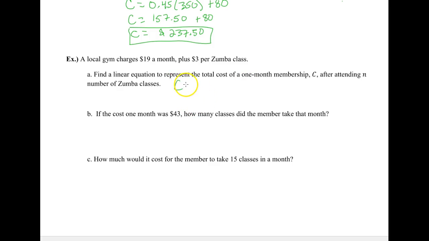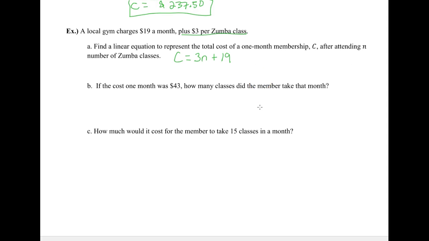So the total cost will be the variable cost, which is for each Zumba class I take, I have to pay $3. So I have to pay $3 times the number of classes that I take, plus that fixed cost of $19 a month. There's my linear equation.